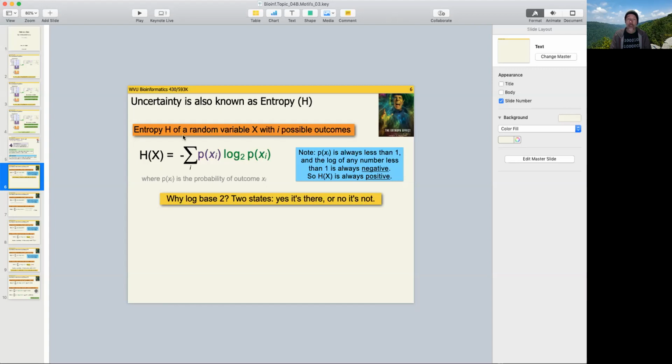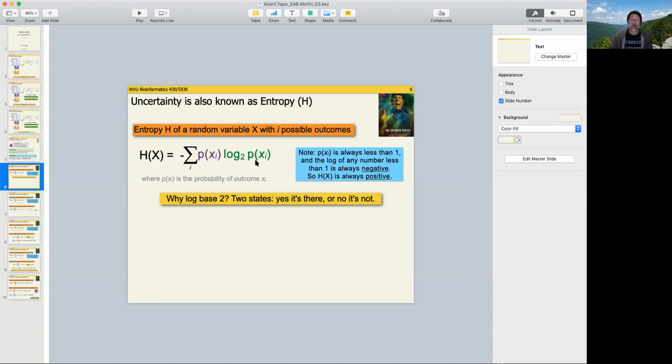So in order to calculate the uncertainty, we use the probability of an outcome occurring. Here we denote that as P of X sub I. It's the probability of some outcome times the log base 2 of that probability.